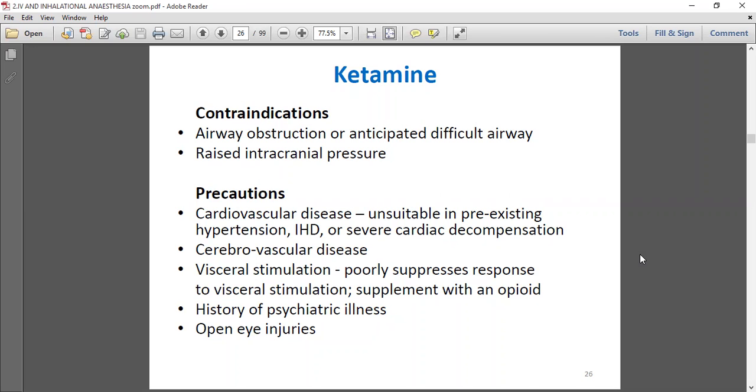Then history of psychiatric illness, because it causes hallucinations and delirium. If the patient already has psychiatric disease and you give it, it might worsen the disease. Then open eye injury, because if you have eye injury, most likely the person will have increased intraocular pressures.